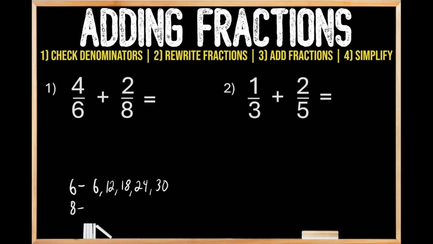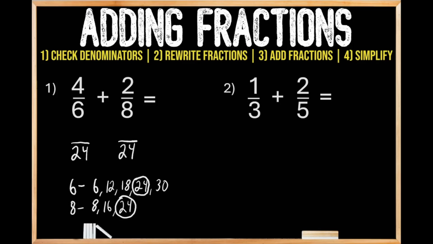Now for the multiples of 8, well, we have 8, 16, and 24. And as we can see, 24 is a multiple of both 8 and 6. So for step number 2, we're going to rewrite these fractions with the common denominator of 24.